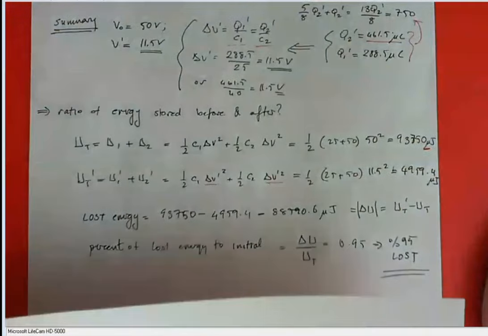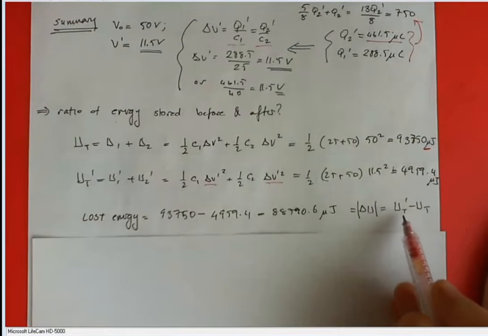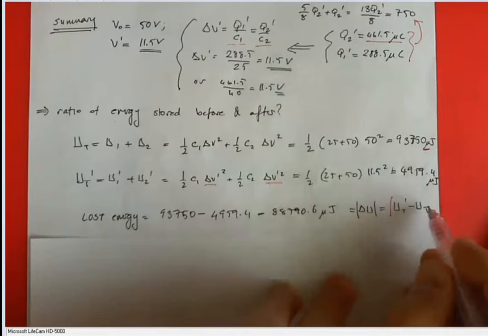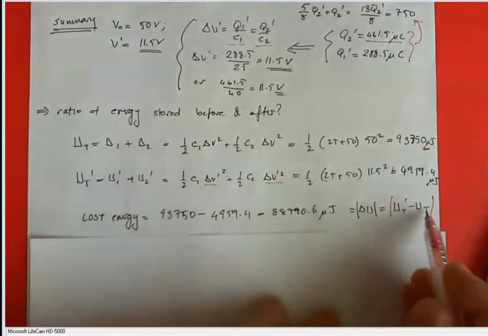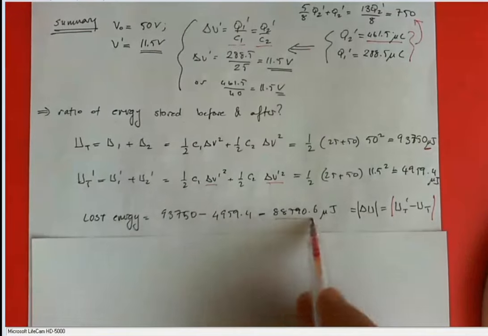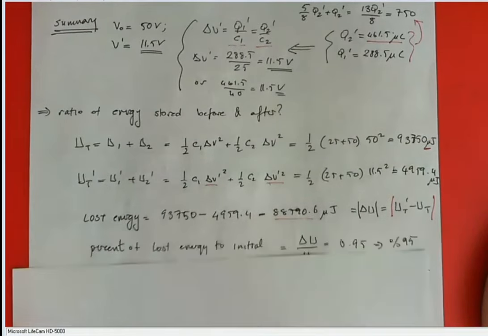So what is the lost energy? The lost energy is basically the absolute value of delta U. This is the initial, that's the final one. And the lost energy is somewhere around 89,000.